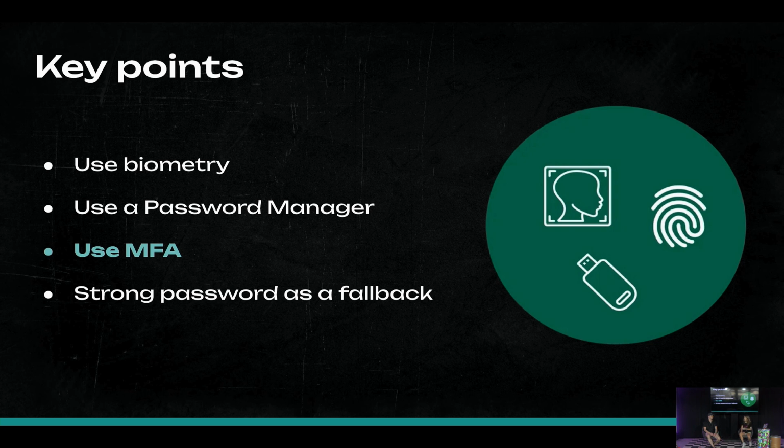Just a conclusion on the onboarding part: use multi-factor authentication. Even if you now use authentication through a wallet or Face ID or whatever, have these fallbacks, so that even if their device is stolen or something happens, they don't lose their money or their accounts.